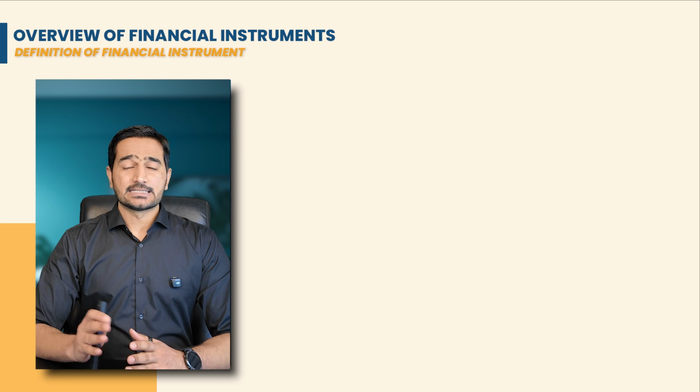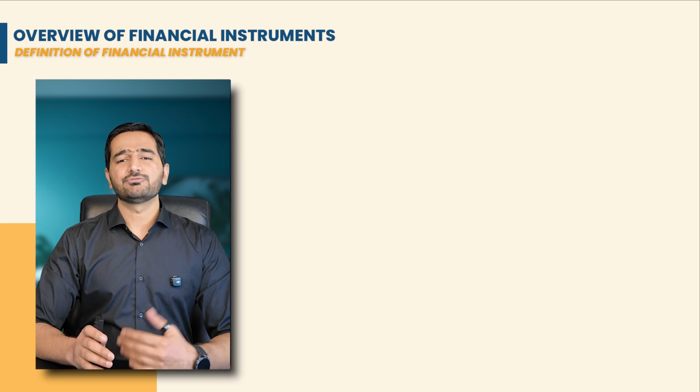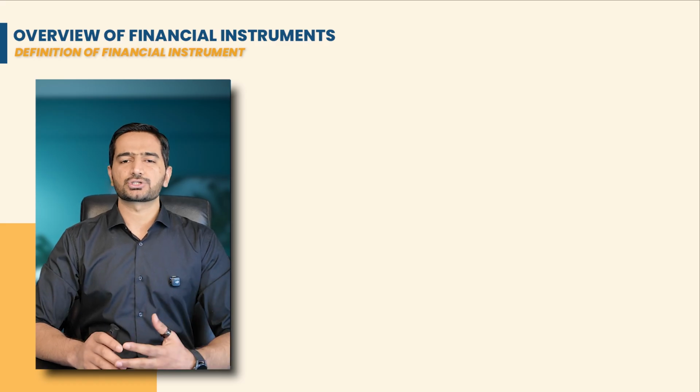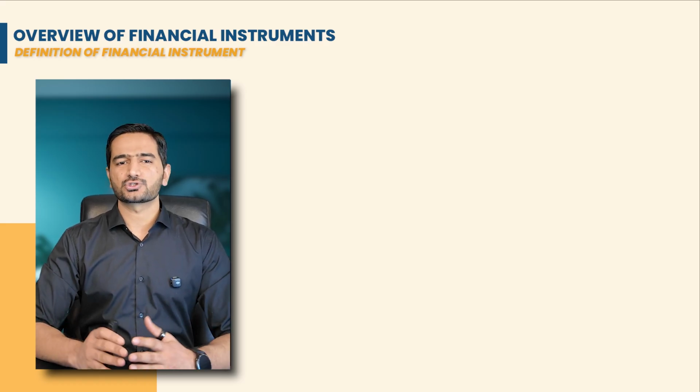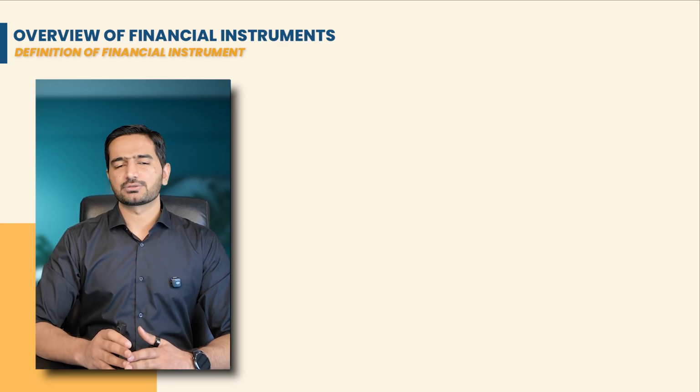Okay, now this is where we start the actual technical content, and we begin with the most fundamental question: what is a financial instrument? My friends, IAS 32 gives us this definition.